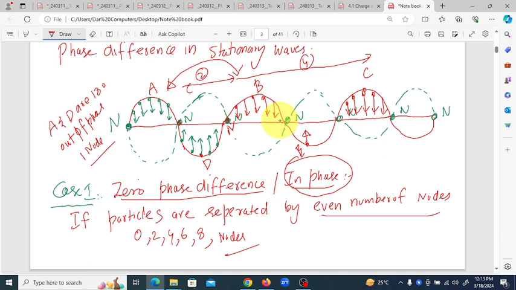Similarly, we can take F. For example, this F is at a difference of 1, 2, 3, 4, 5 nodes. The internodal distance is 5. So A and F are also 180 out of phase.